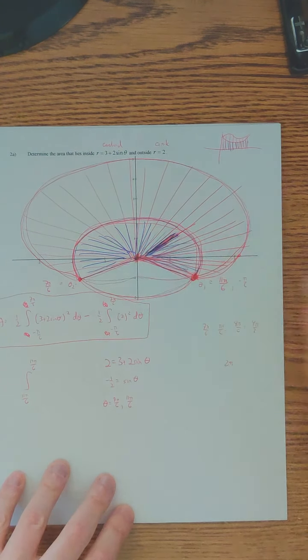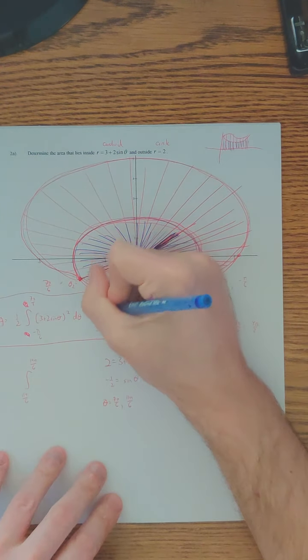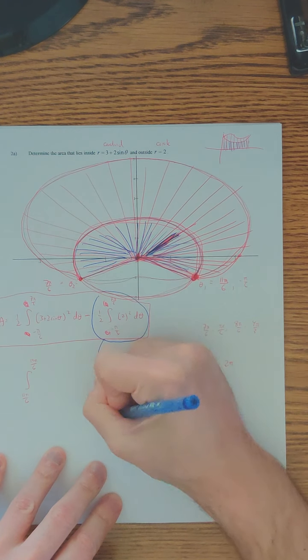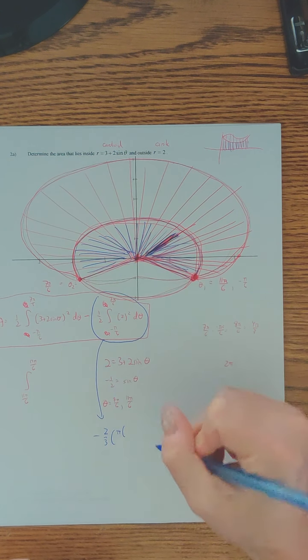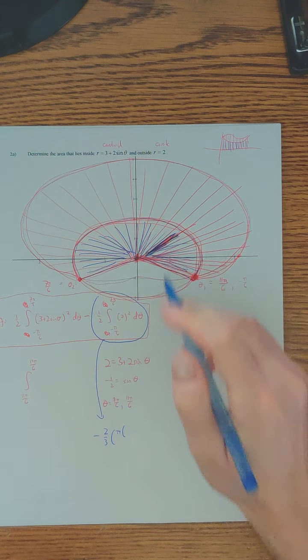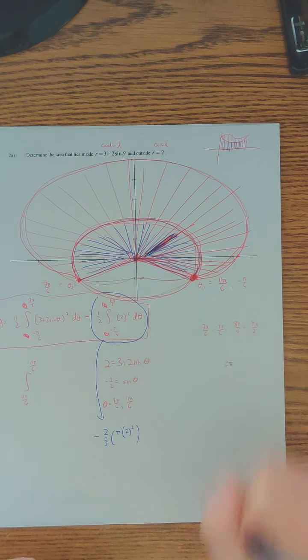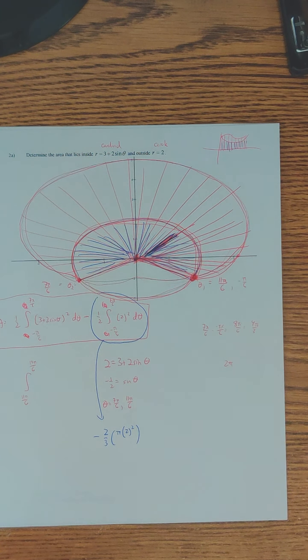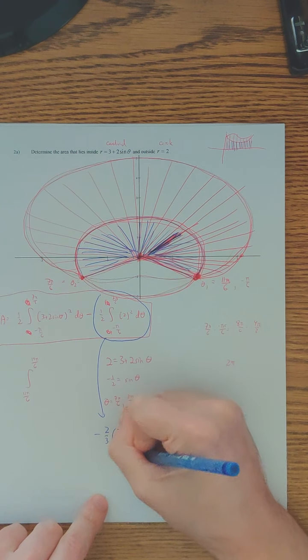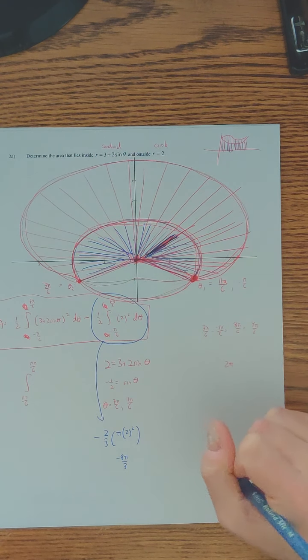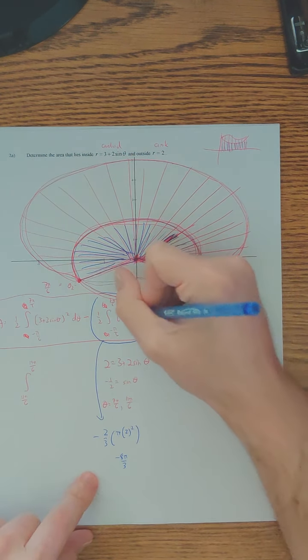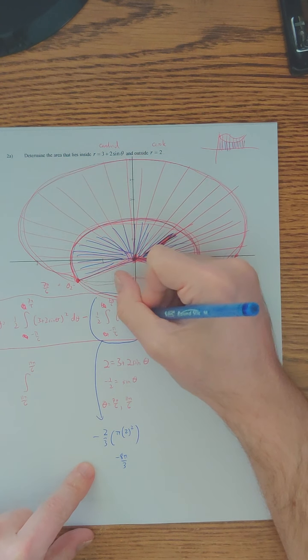So instead of subtracting this with an integral, I could also subtract 2/3 of the area of the circle, pi r squared, and this winds up being negative 8 pi over 3. In fact, we can see that because this is just a constant, 4.